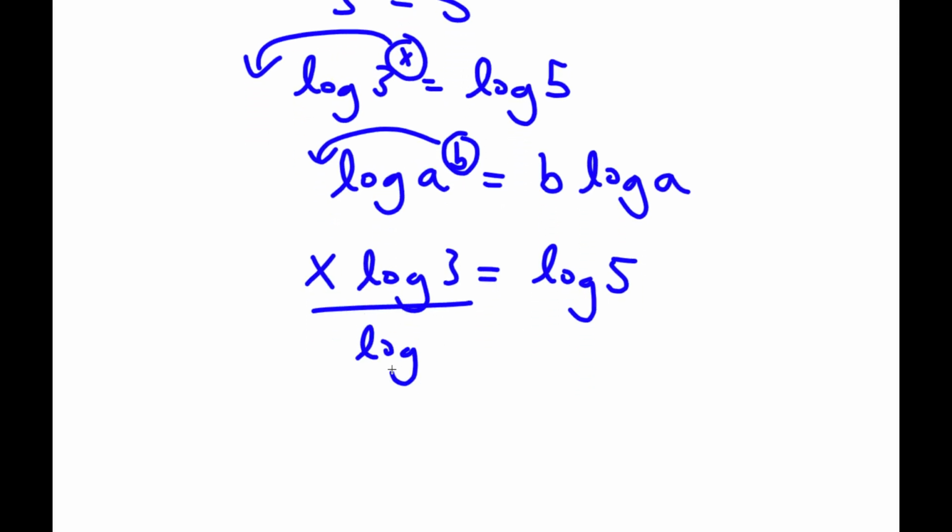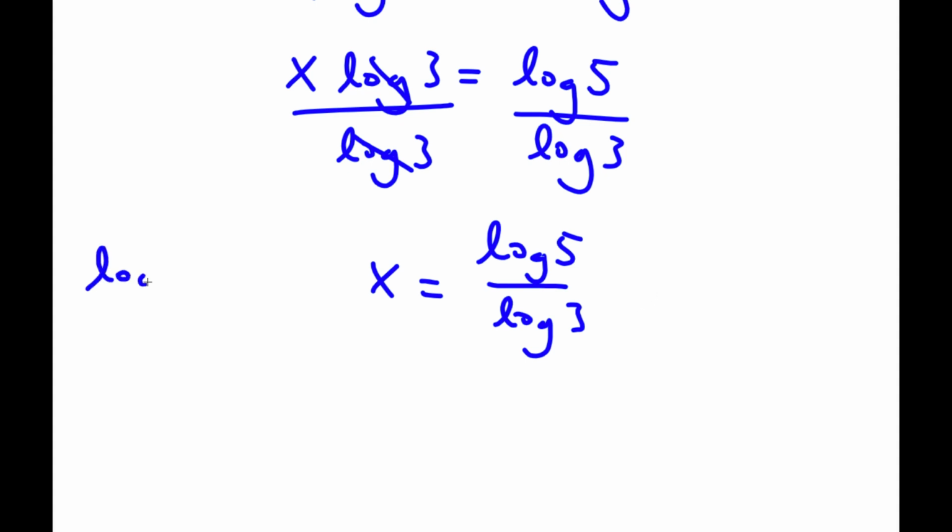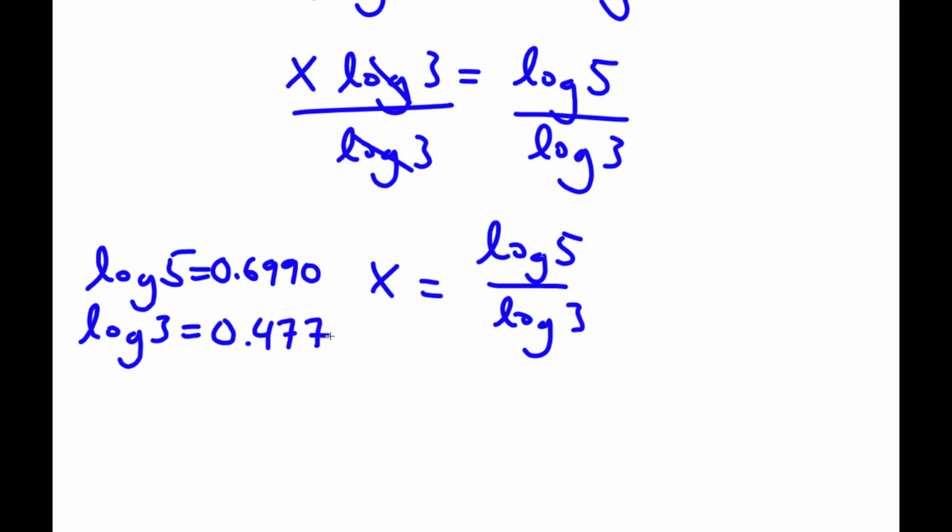Now I can go ahead and divide both sides by log 3. So then these two cancel out, and I'll be left with x is equal to log 5 over log 3. Now log 5, this is equal to 0.6990, and log 3, this is equal to 0.477.